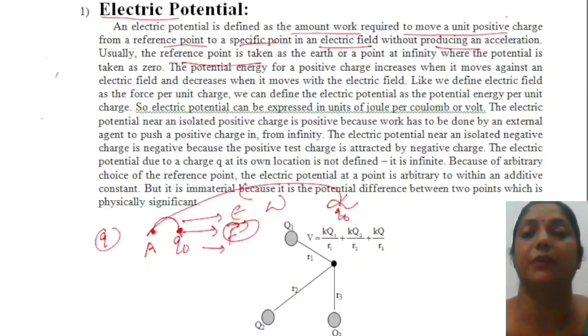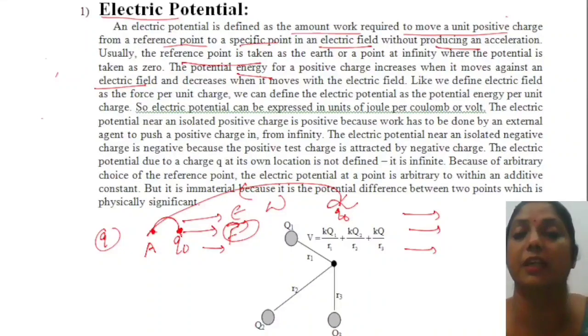Okay, it is also written that the potential energy for a positive charge increases when it moves against the electric field. This is the direction of the electric field. If the charge is moving against this electric field, then potential energy increases.